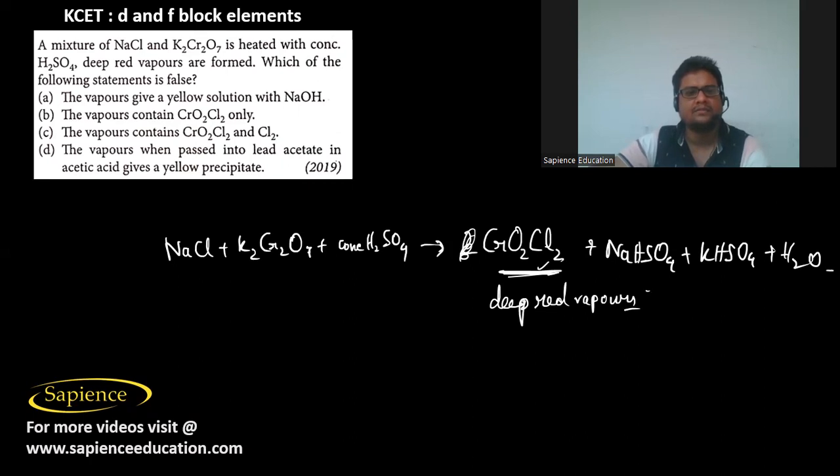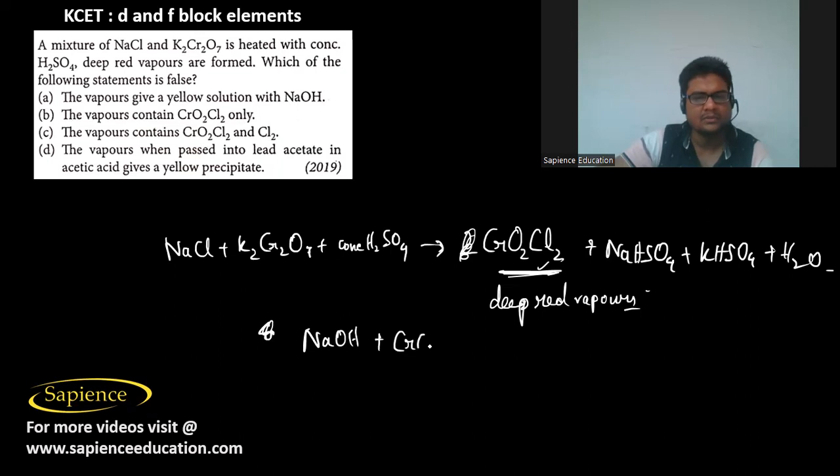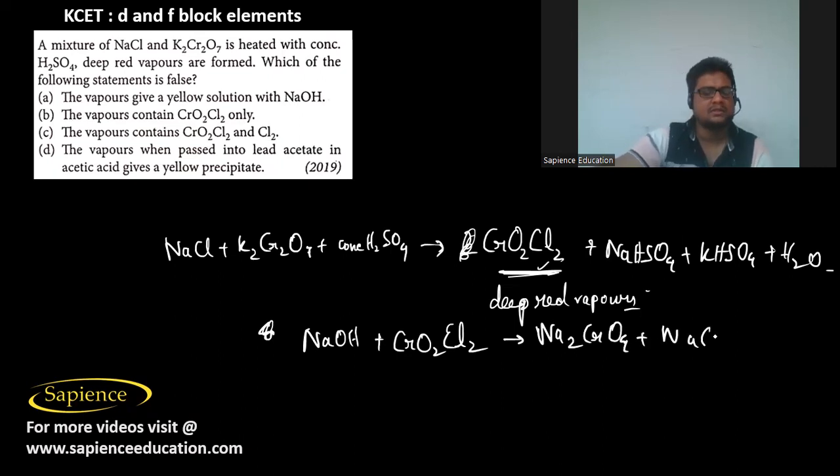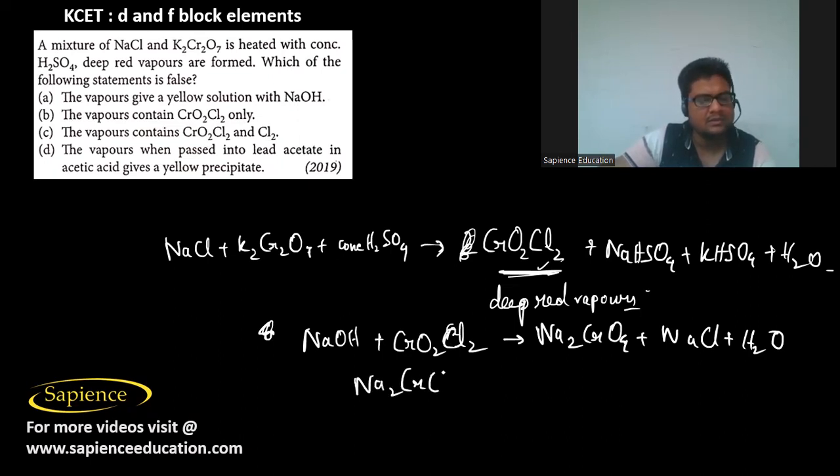So here the vapors give a yellow solution with NaOH. So NaOH will react with CrO2Cl2 to form Na2CrO4 plus NaCl plus H2O, and then this Na2CrO4 is the yellow colored solution.